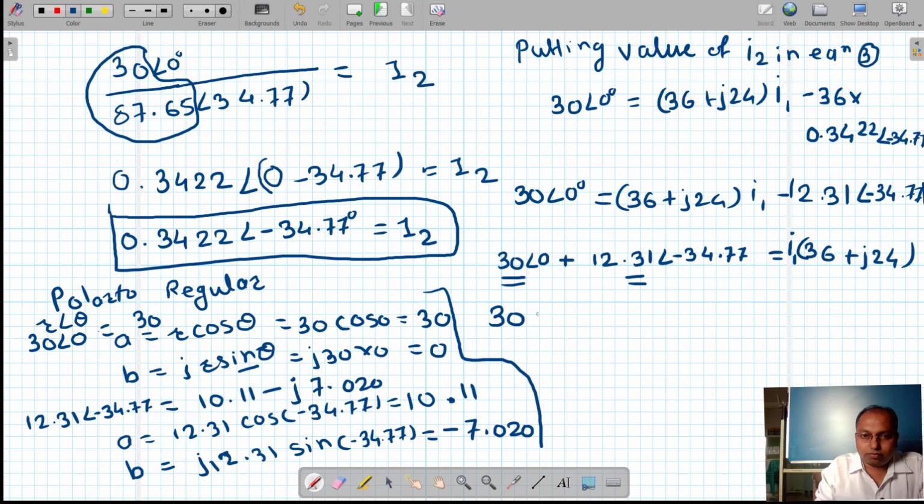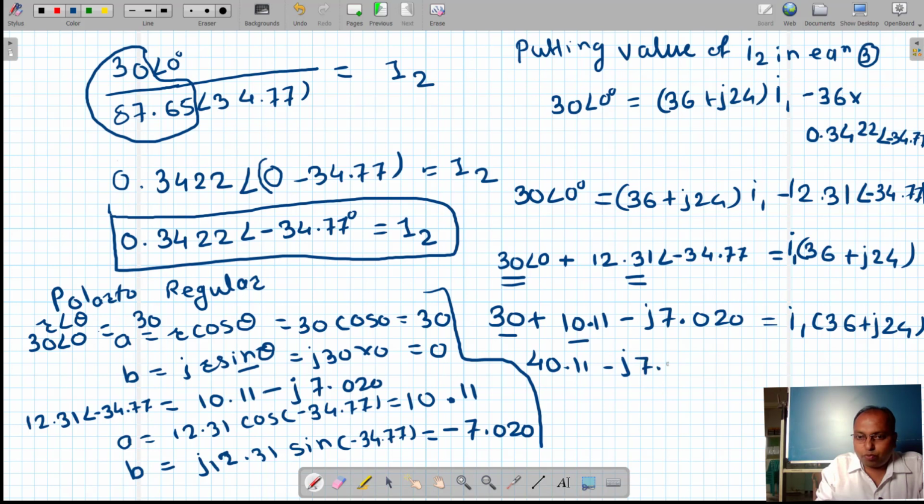Okay, so let us write it over here. This is 30 plus 10.11 minus j7.020 equals I1 into the bracket 36 plus j24. Is that fine? Okay, so I can directly add these values. 30 and 10.11 can be directly added, so it is going to become 40.11 minus j7.020 equals I1 into 36 plus j24.